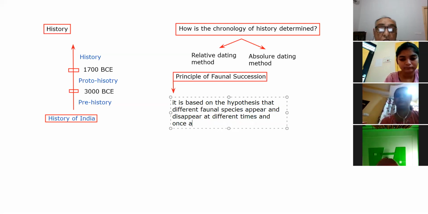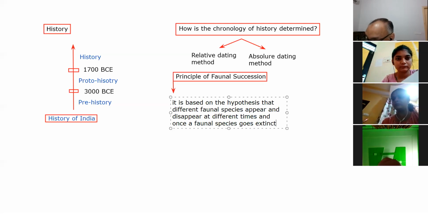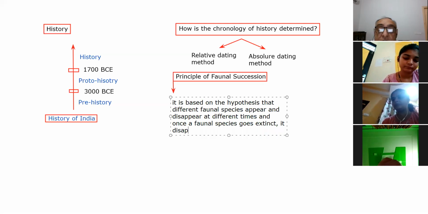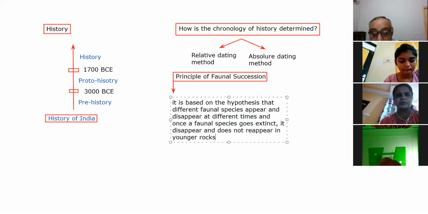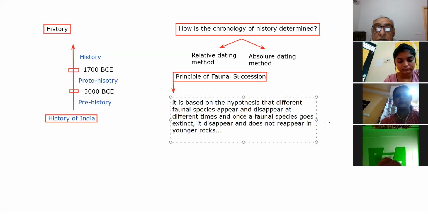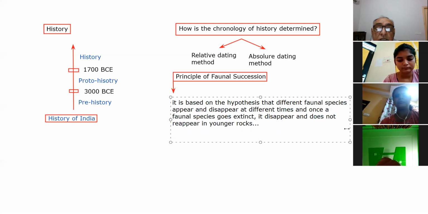And once a faunal species goes extinct, it disappears, and does not reappear in younger rocks.